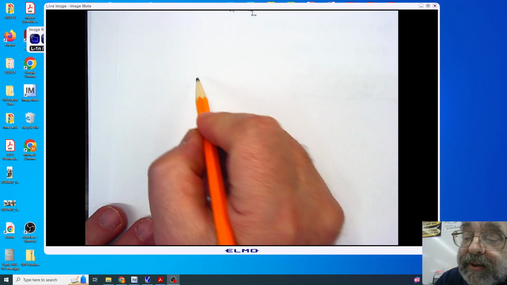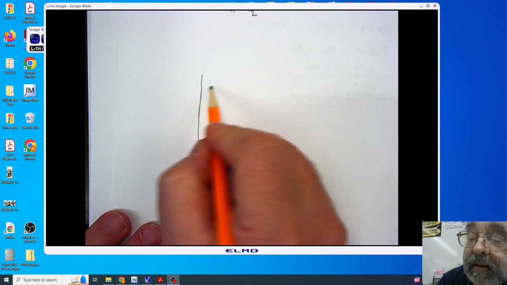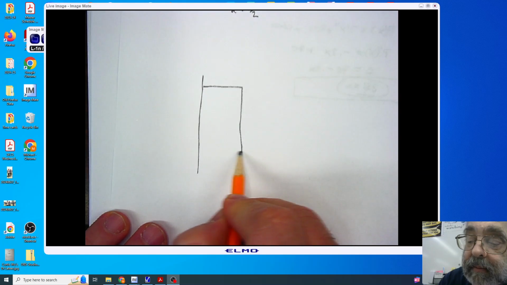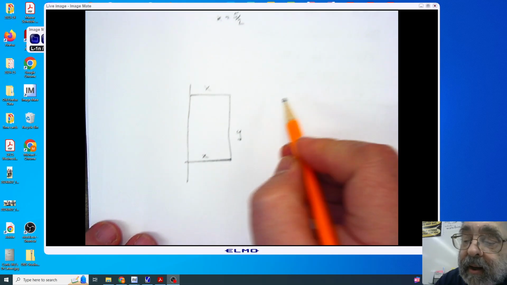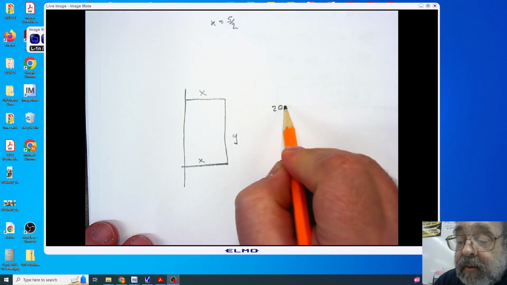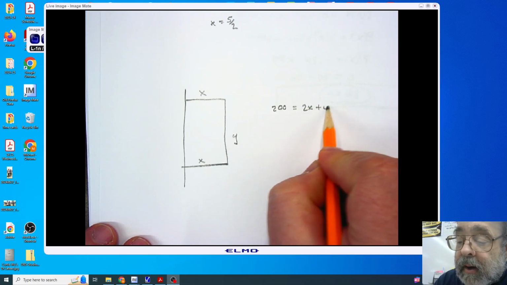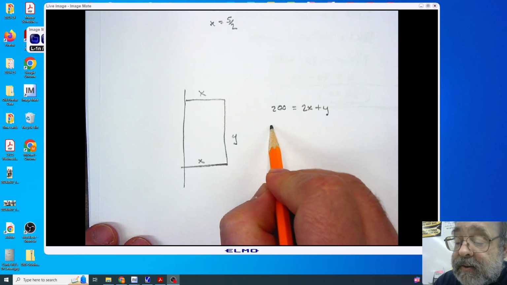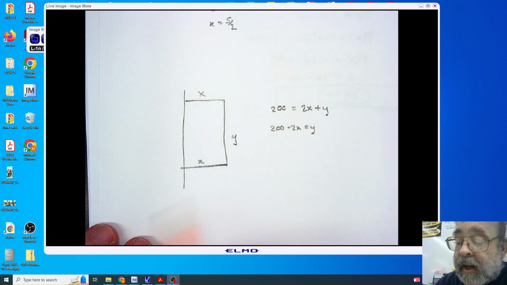In number 3, we're going to start off by recognizing that if I have a wall on one side and a pen, I have an x and a y. That means that the 200 feet of fencing has to be made by 2 x's and 1 y, which means that 200 minus 2x is y.